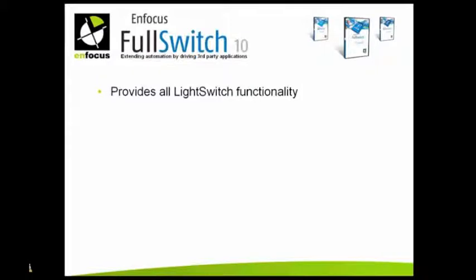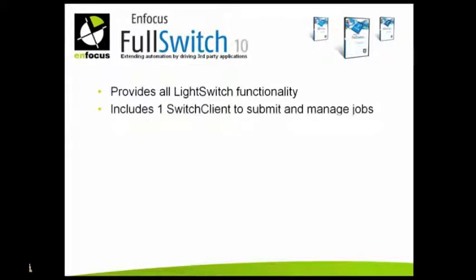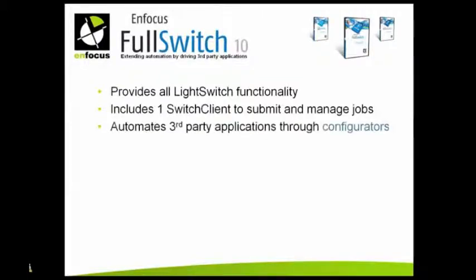The full switch product is the next product in line, provides actually all the features that the light switch provides, but comes standard also with one switch client application, which you may run on a Mac or a PC, and which enables you to submit jobs into Switch, and also enables you to manage the jobs from the Switch client application.